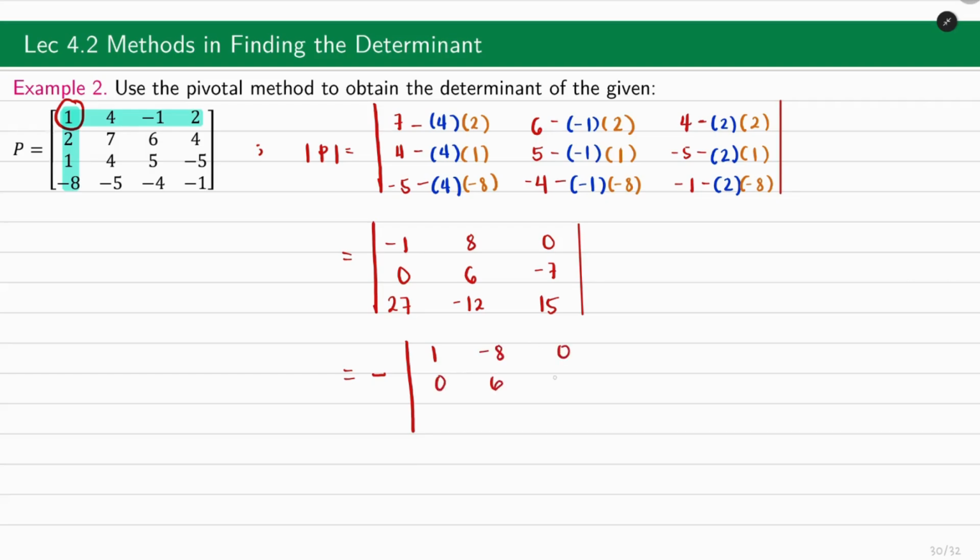Then 0, 6, negative 7, 27, negative 12, and then 15, so that this becomes our pivot. The remaining entries will be 6, negative 7, 15, and 20, negative 12, and negative 12.